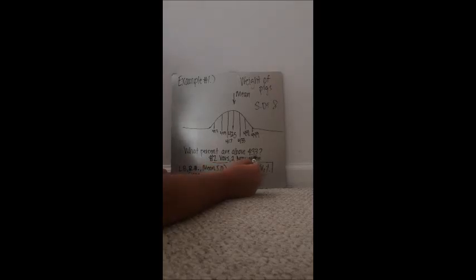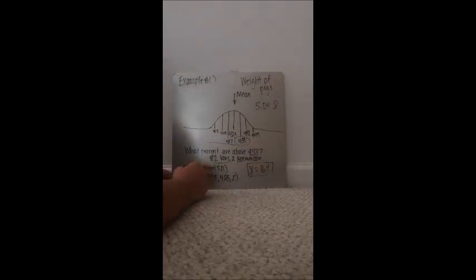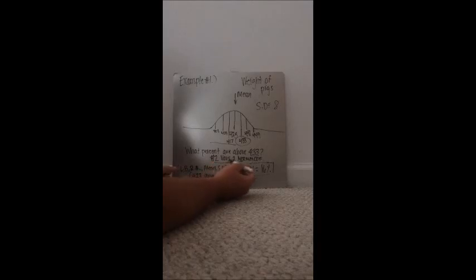They're asking for what percent are above 433. That's right here. So we don't care about any of those numbers right there. So you do left bound, which is the farthest left you need, which is 433. We do right bound, we're just going to pick a huge number, so I chose 9999.